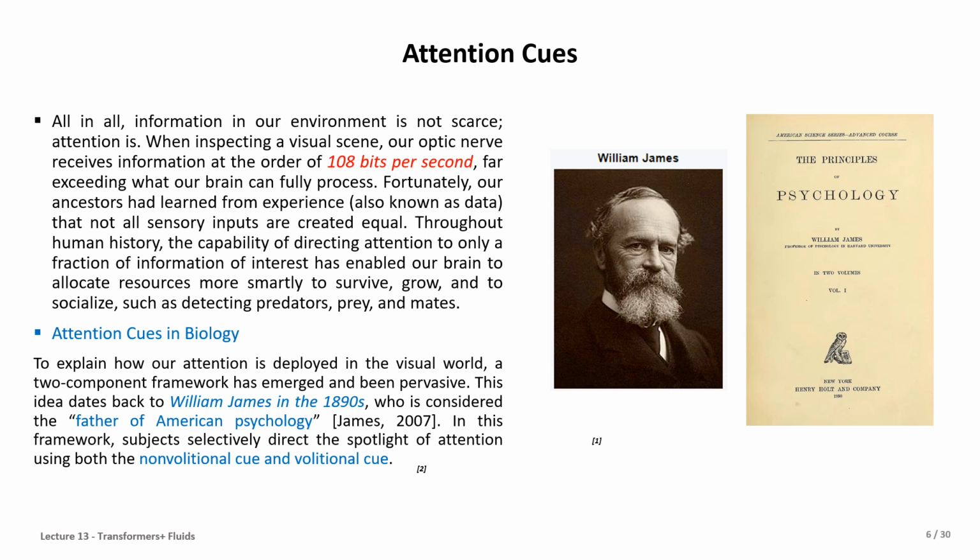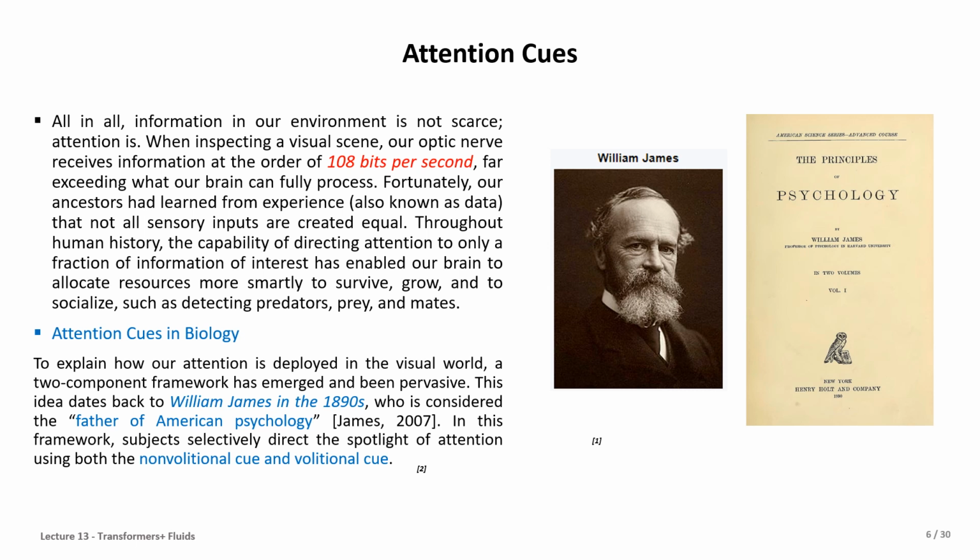This is the basic idea and concept of attention. If humans receive a lot of information from the environment, we don't pay equal attention, and it comes from experience that humans learned from history.